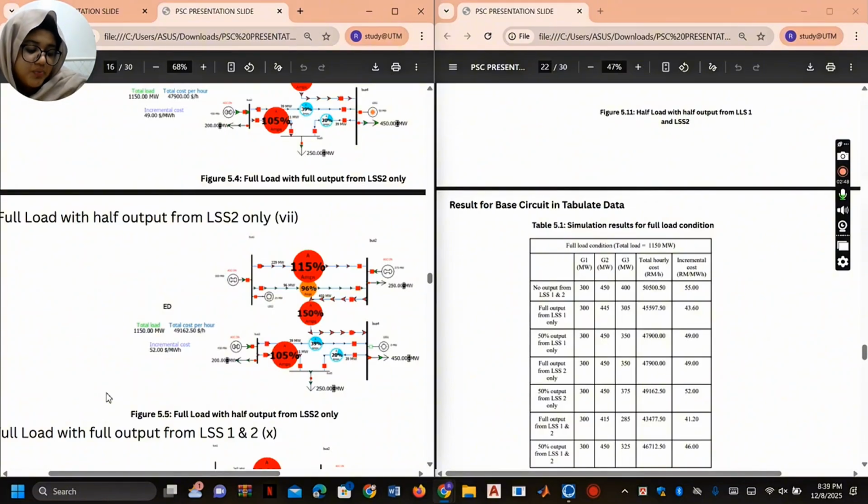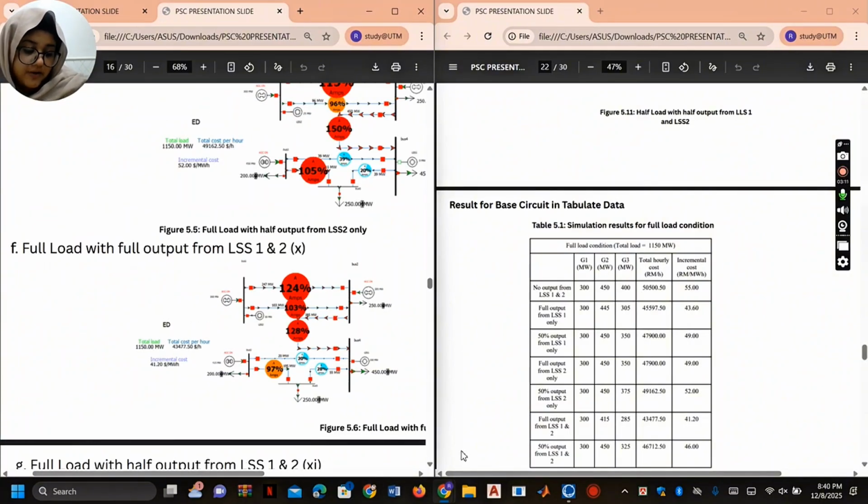Then E. Here it's very small, it has LSS2 at 25 MW, which means a very small solar contribution. G3 increases, cost rises, meaning when renewable penetration is low, thermal dependency and cost increase.